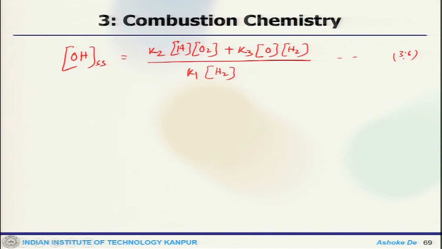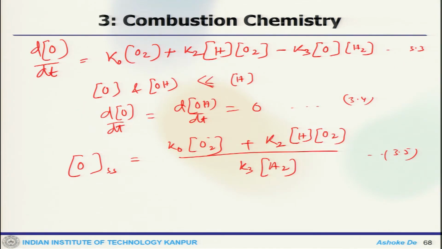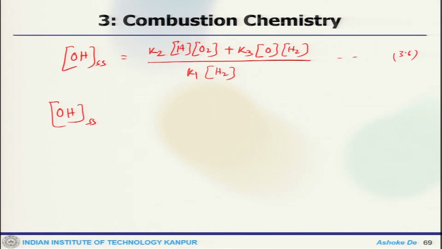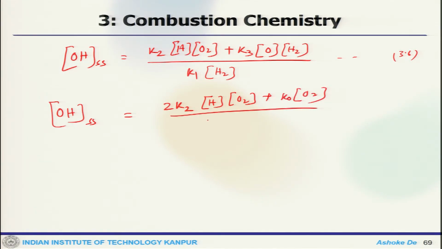Now, substituting for O at steady state, we use the O steady state that we got here and put it there, and we get 2 k2 H O2 plus k0 O2, divided by k1 H2.